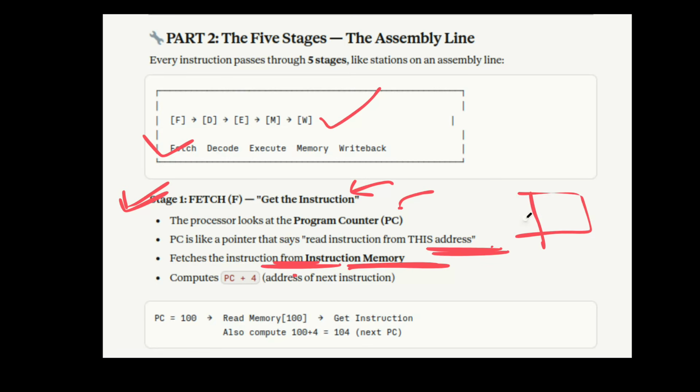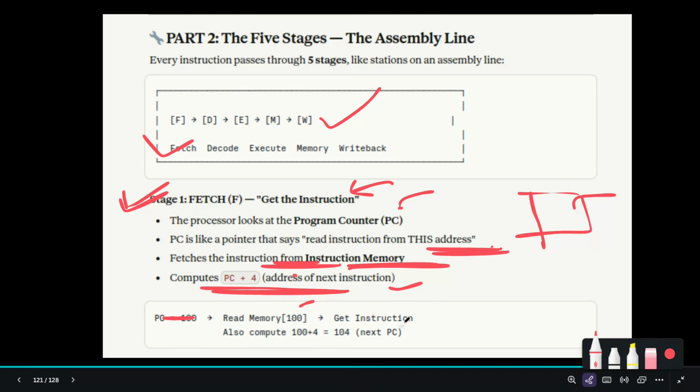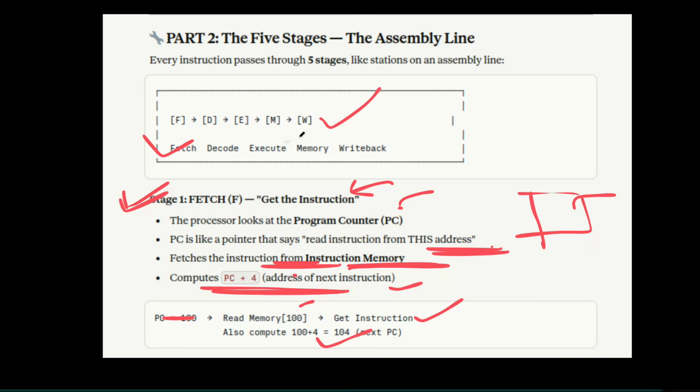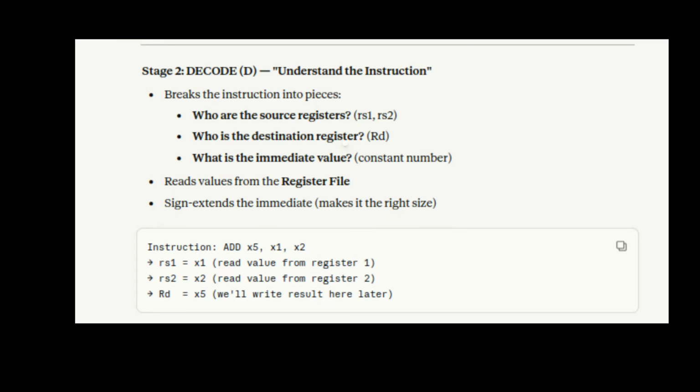From the instruction memory we fetch the instruction, that is what the program counter does. Then it computes the next instruction by using PC+4, right? Let's say the first PC value would be 100. Then it will read the instruction. Then the PC would increment the value by PC+4. So the fetch cycle is getting the instruction from the instruction memory. That is what fetch is doing.